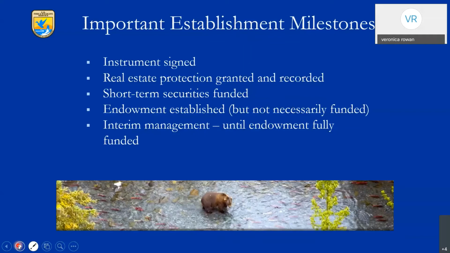There's a construction or a restoration element to the wetland banks, but there's always a short-term security that's funded, and it usually lives out until the endowment is established, or until the endowment is fully funded. Excuse me. And there's always interim management that happens until the endowment is fully funded, until the bank goes into long-term management.